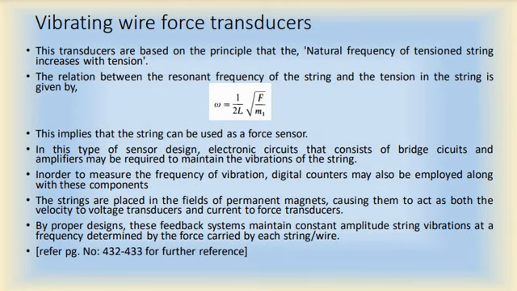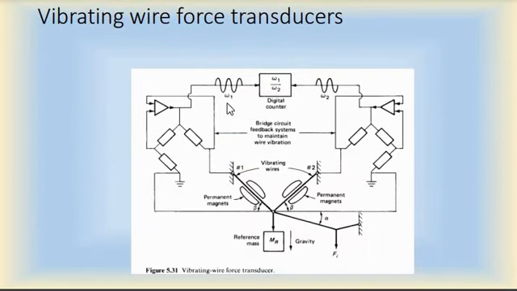Here you can see the figure diagram of this system. These are the two vibrating wires. These are actually thin tapes of electrically conducting, non-magnetic material, and they are placed in the field of a permanent magnet. You can see two permanent magnets at both sides of these wires, and these wires are connected to one end of a bridge circuit.